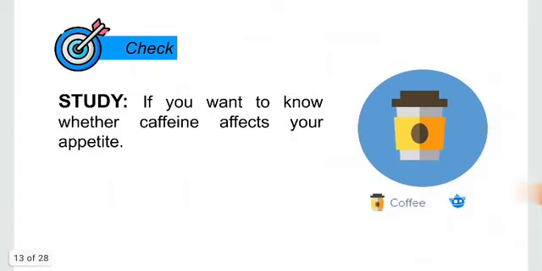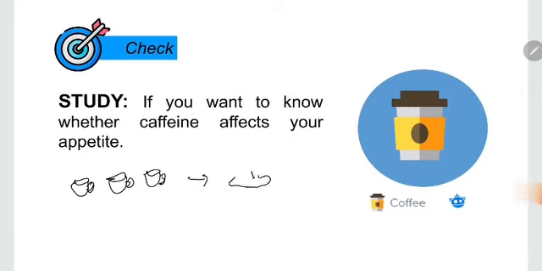You want to know whether caffeine affects your appetite. Kung naapektuhan daw ng pag-inom siguro ng kape. Definitely coffee. Kasi caffeine. Yung iyong appetite. Siguro kung gano'n kadami kumain after uminom ng coffee.